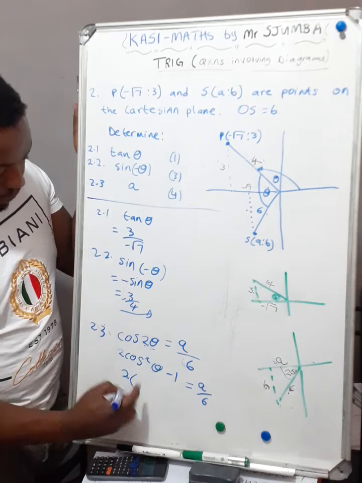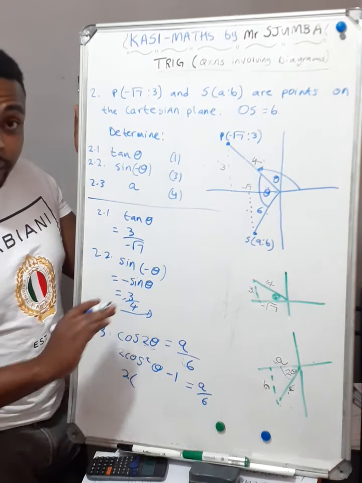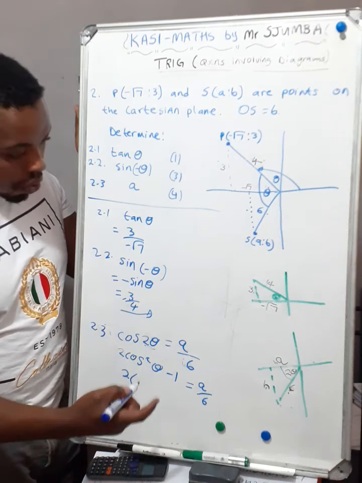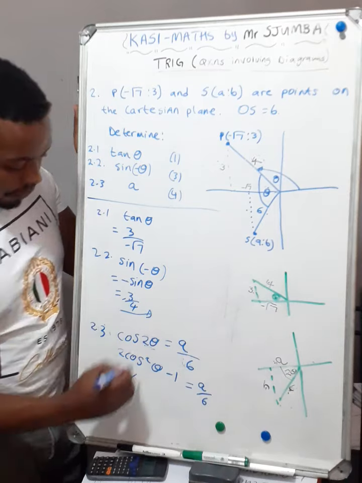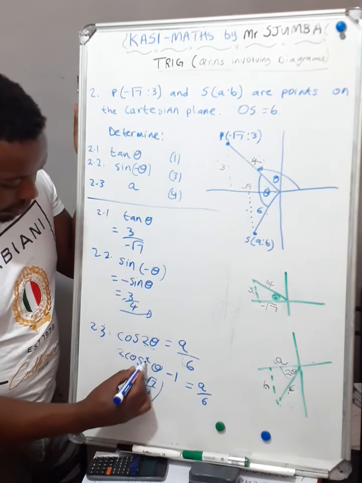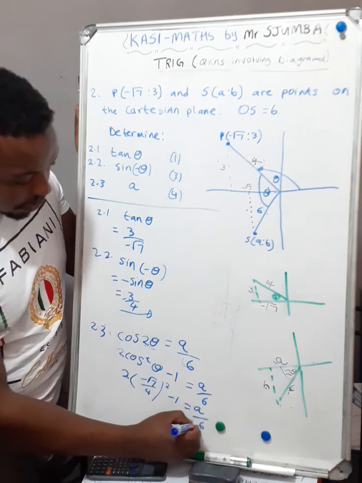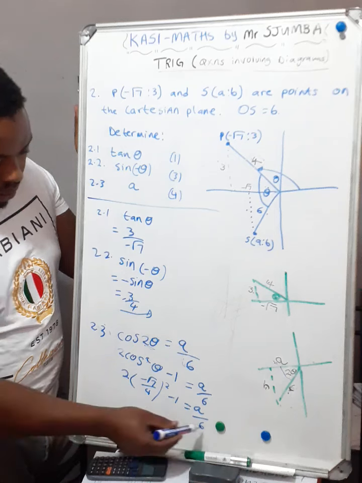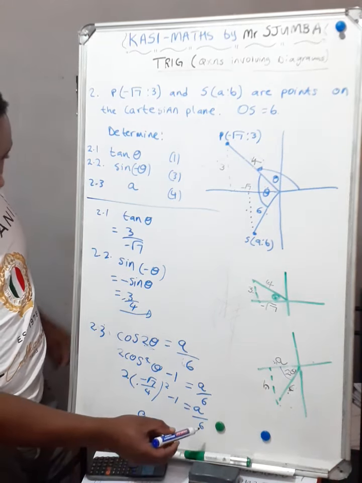Here we substitute cos theta, because cos 2 theta is not available but cos theta is. Cos theta is negative root 7 over 4, so we square it, then minus 1, equals a over 6. Then 6 multiplies everything here by cross multiplication.